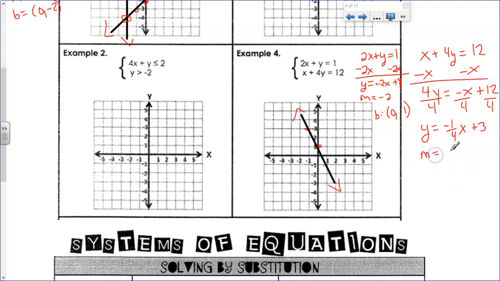So my slope is negative 1/4, and my b is (0, 3). So 0, 1, 2, 3. Slope's negative 1/4, down 1 over 4, or up 1 over 4. Let's do our line here.